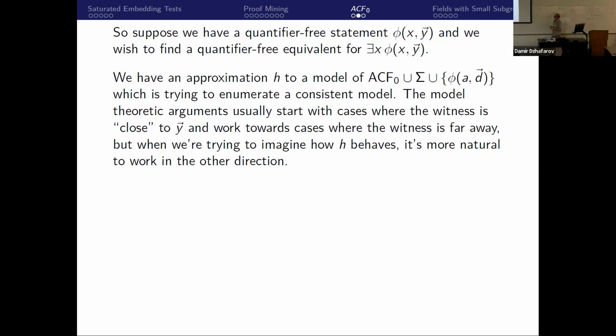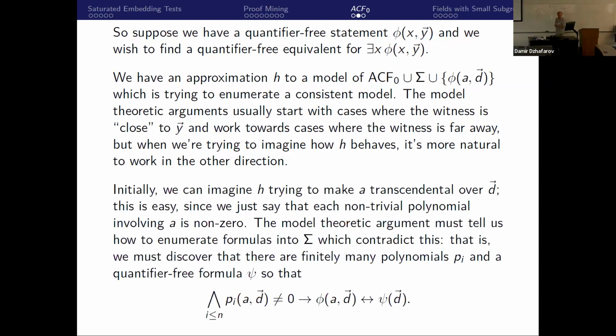So it's determined. In terms of our game between Rho and H, what happens is Rho asks H about every polynomial appearing in phi. For each of them, H asks a question back. And once they're all established to be non-zero, we actually know whether phi is true. So what that turns into is a statement like this.